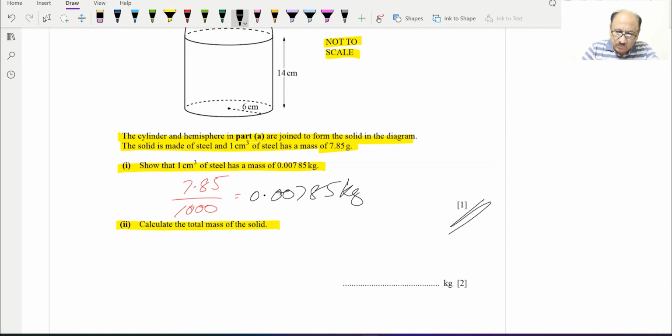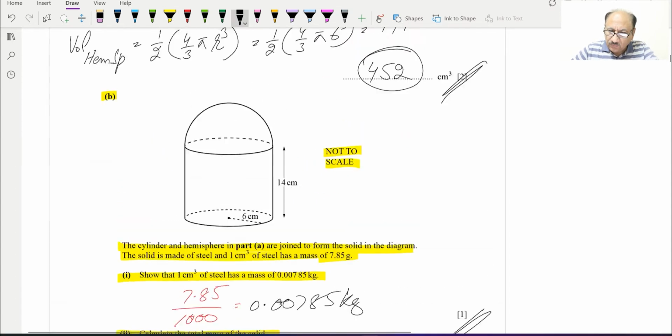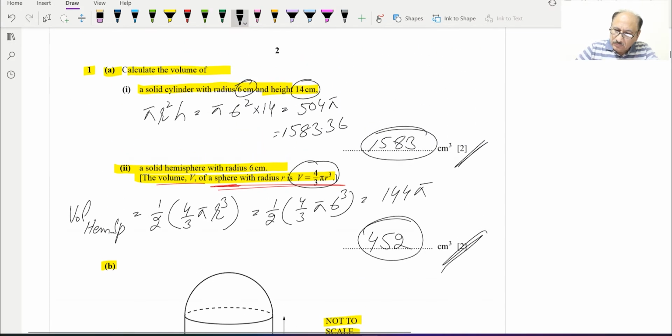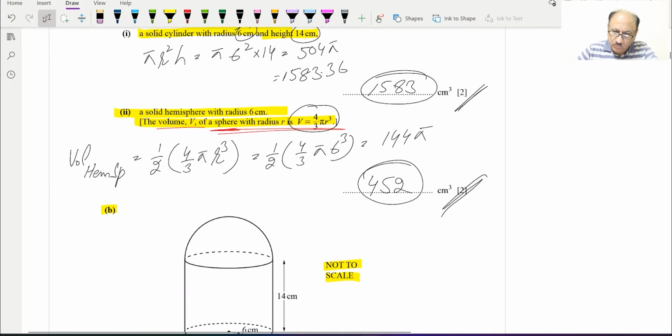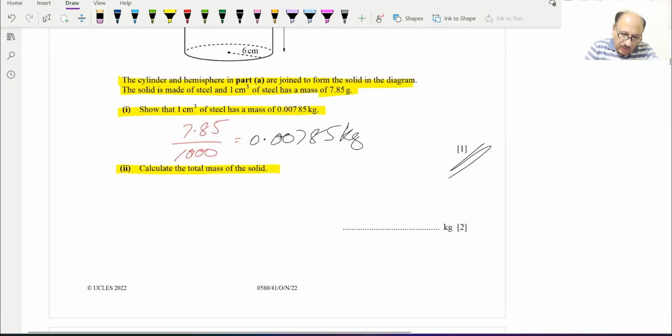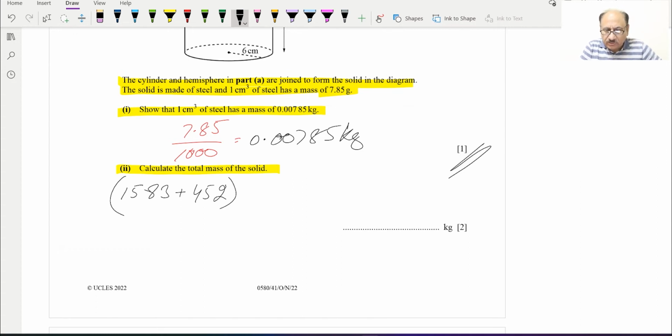So the total mass of the solid is what? 1583 is the volume we already found, plus the volume of the hemisphere, which is 452, and then we will multiply it by the mass per unit volume, 0.00785.